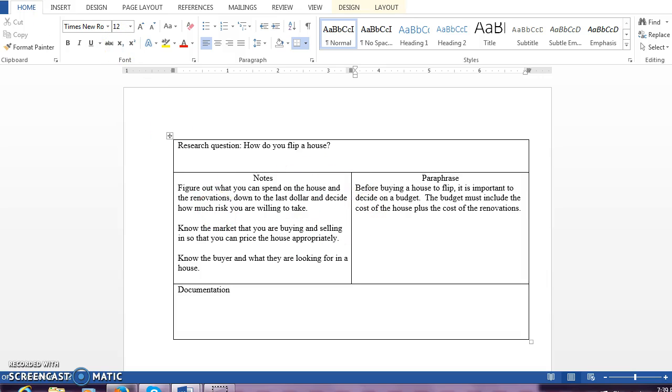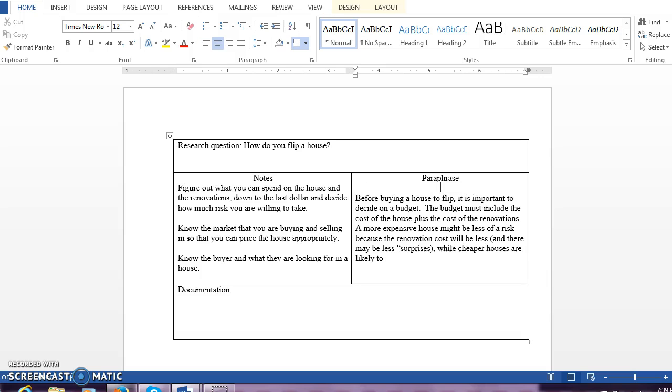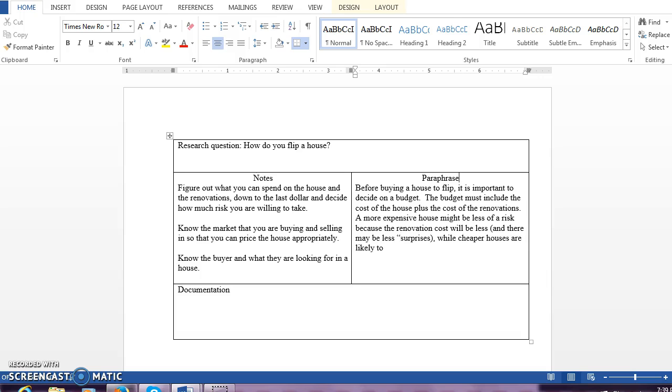Flippers of houses that are more expensive and need more renovations are a larger risk than cheaper houses, oh, look, let's see, I edited that again.